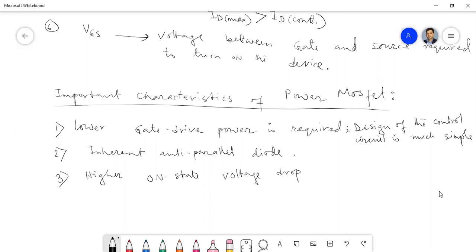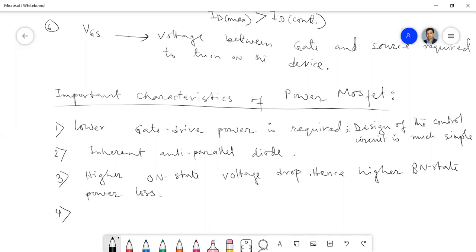And as the voltage drop is high, we can expect higher loss.